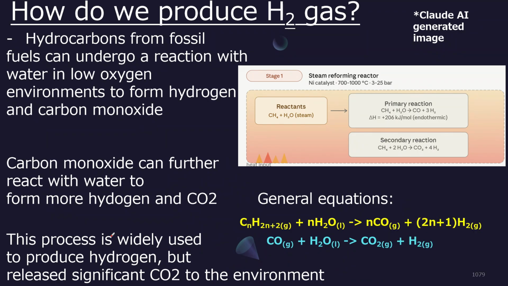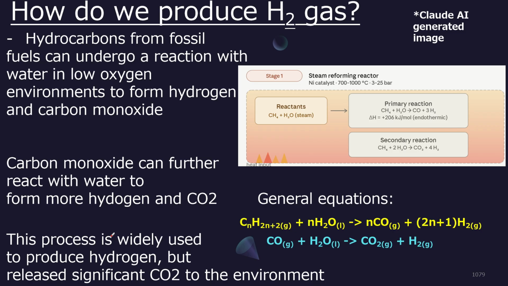So it's very effective for producing a lot of hydrogen. But what's the problem with this? Look at all the CO2 that it's going to release. So as I mentioned, carbon monoxide can further react with water to make more hydrogen and CO2. Our general equations for this are underneath here on the right. We can produce a lot of moles of H2, but also a lot of moles of CO2.